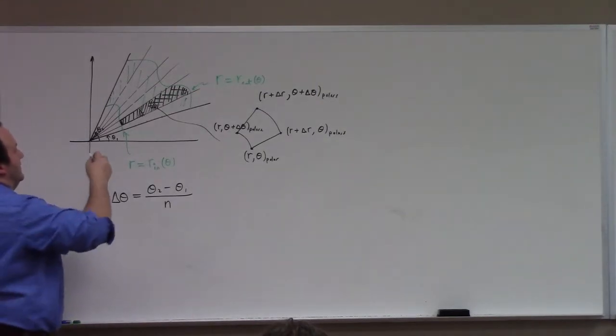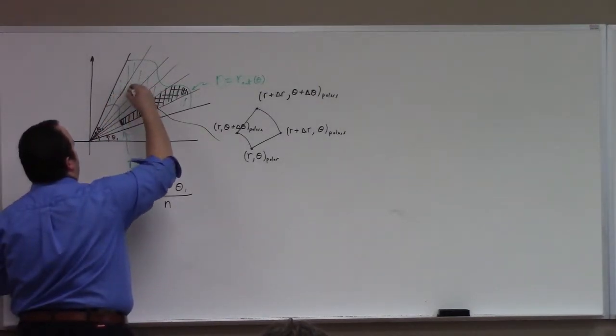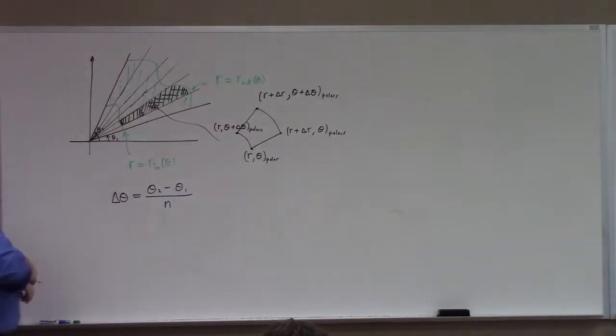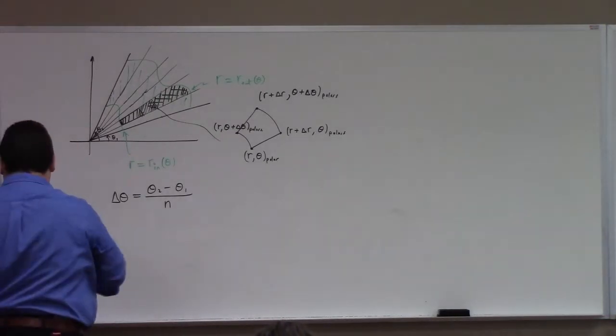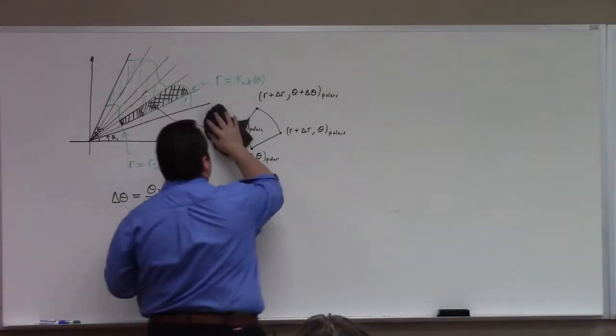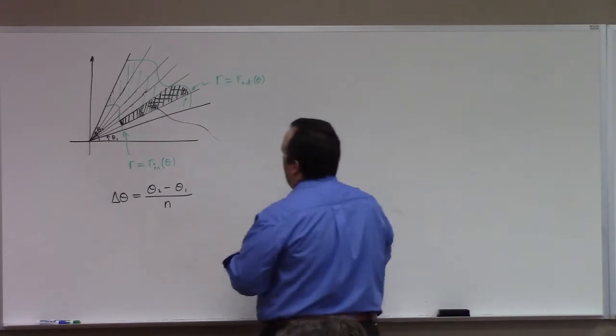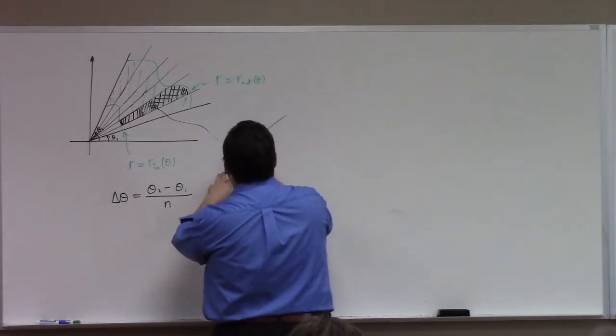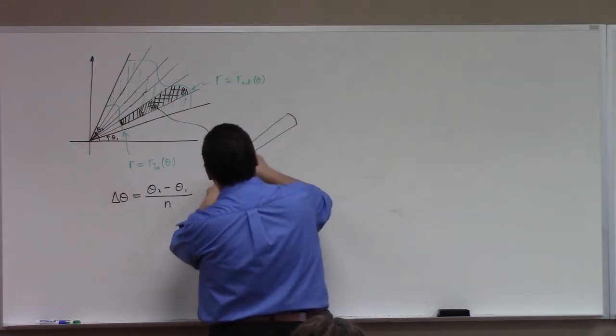So we want to cut it up into n sectors. That's not the picture I want. Sorry about that. I actually want to think about this, which would be essentially this, right?